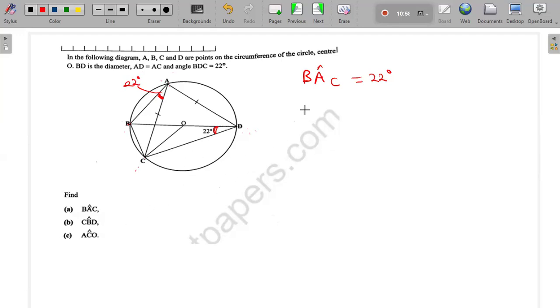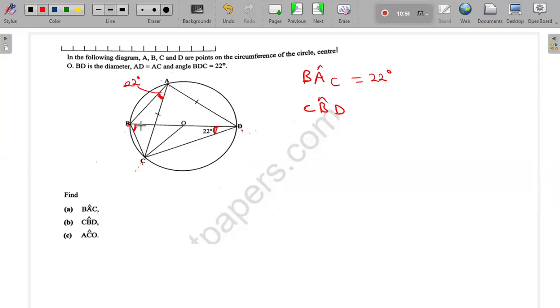Okay, next you have CBD. So they're telling us to find this angle here. So how do we find that angle?